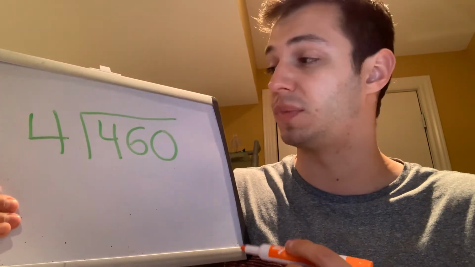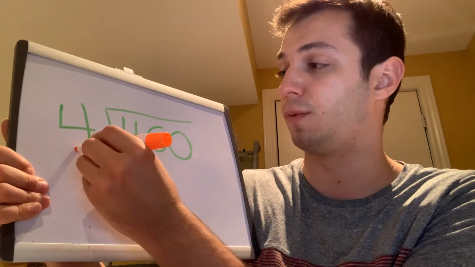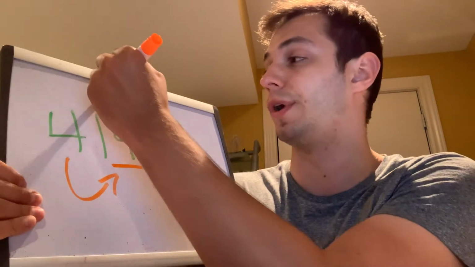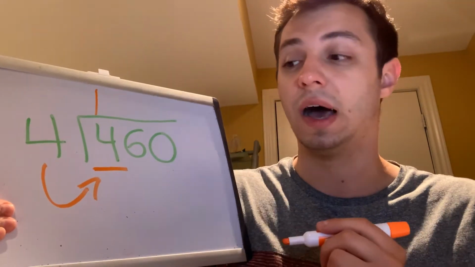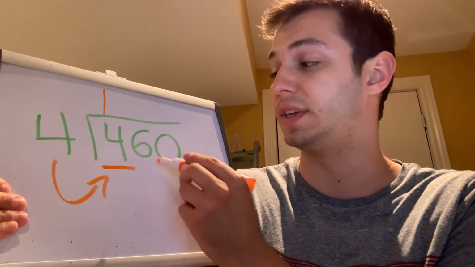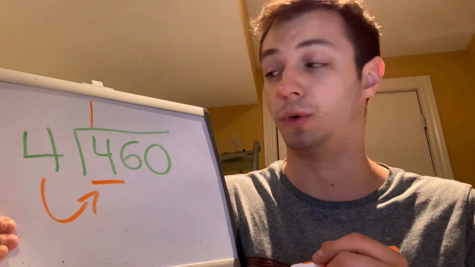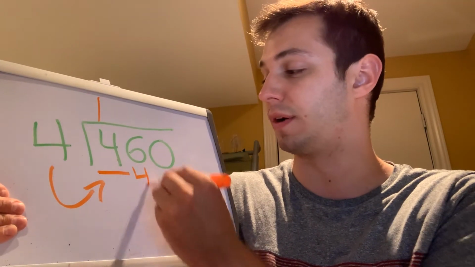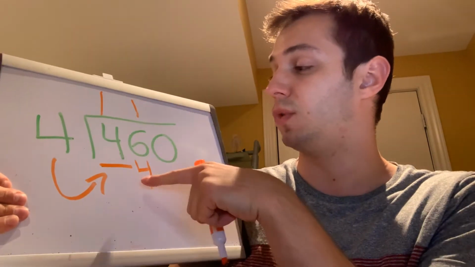My first step is going to be to look at the first number, 4, right? We know that 4 can divide into 4 one time, so I'll put a 1 at the top. Next, I have the 6. I know that the 4 can go into 6 one time, but that will leave me a remainder of 2. So we can work on that. I'll put a 4 right there. 4 can go into 6 one time, which will give me 4.